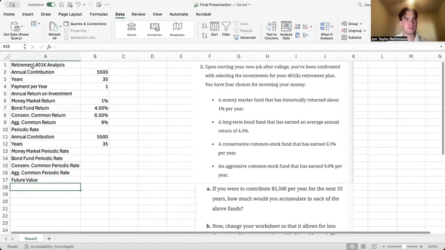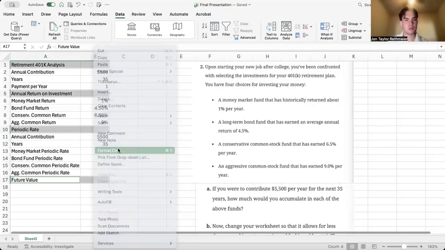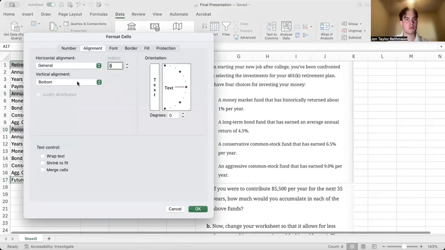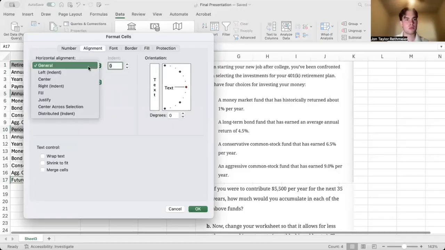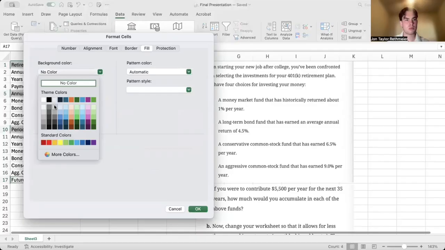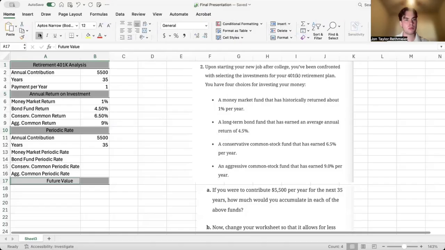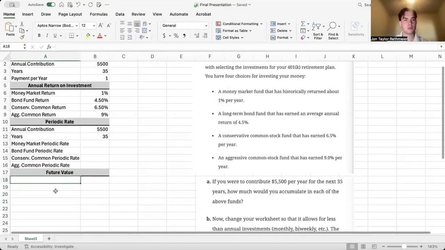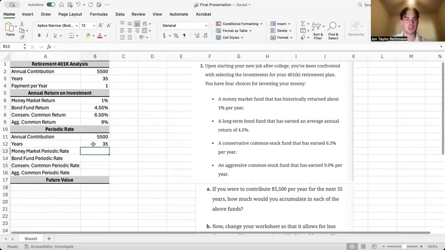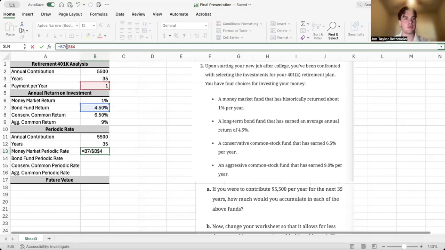Now I'm going to format. And then for the periodic rate, it's just going to be this divided by B4, and we need B4 to stay.